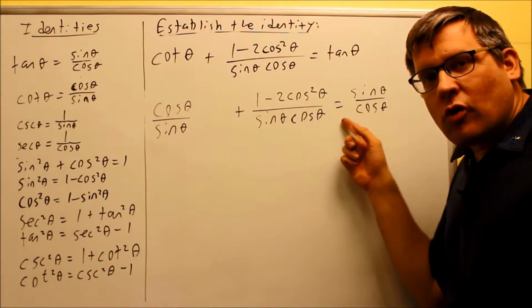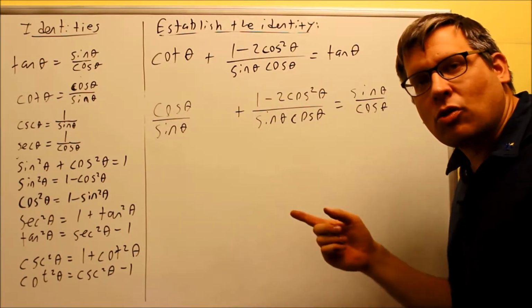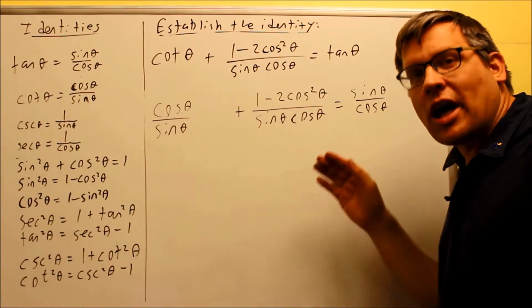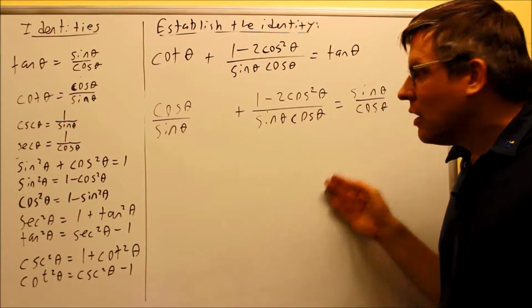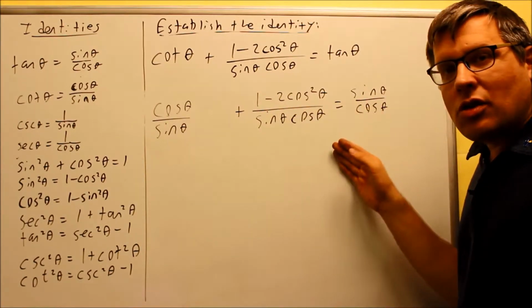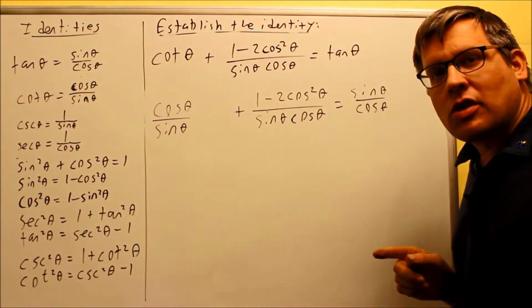Because we don't know it's an identity, we can't do the same thing to both sides like a traditional equation. We can't multiply both sides by something, cross multiply, or subtract. Even though algebraically it might work out, we don't know initially if that really is an identity or not.